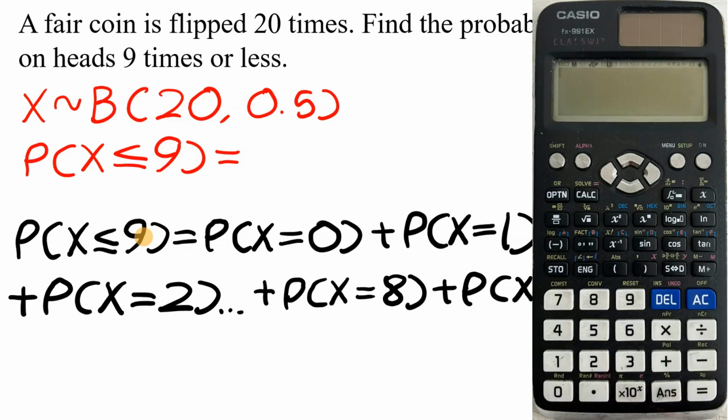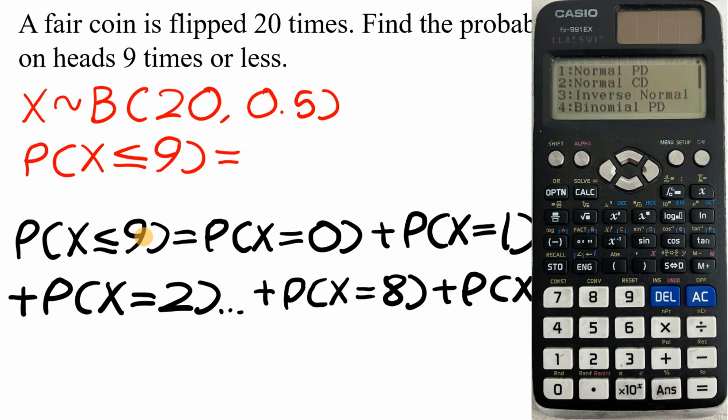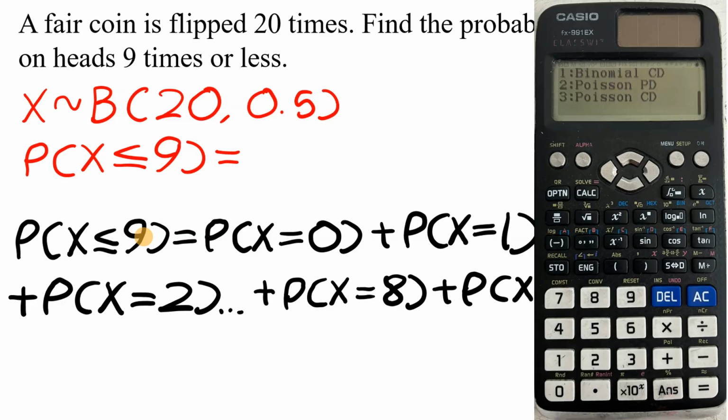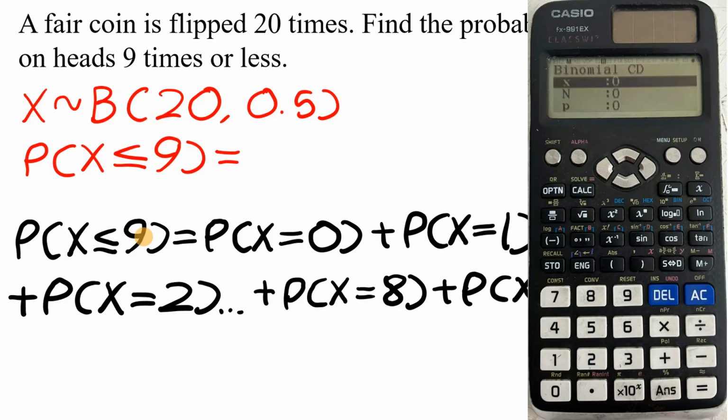So on your calculator, do the same thing as before. Press menu setup to get this screen. Press 7 for distribution. This time, on this screen, we're going to scroll down to get to this screen, and then press 1 for binomial CD. Again, press 2 for variable, and it comes up with the same screen that we've already seen.